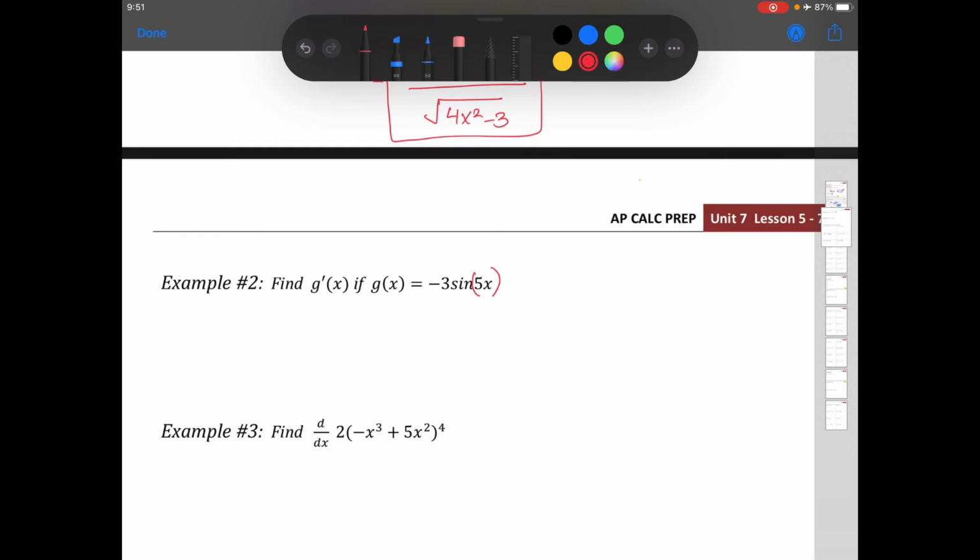So I'm going to take the derivative of my outside. This is my outside. So g prime of x would be negative 3 cosine of 5x times now the inside, which is derivative of 5x is just 5. So if you simplify it, you get negative 15 cosine 5x.